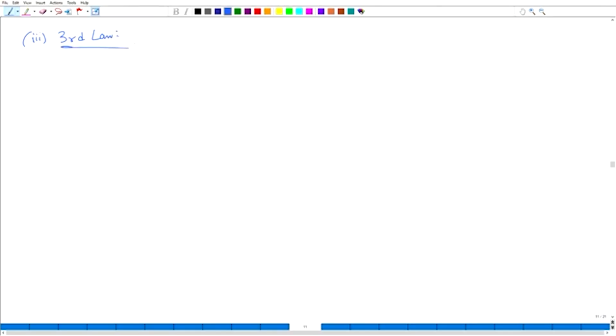Third law of Kepler. It simply says that, since we have used this already, dA dt is equal to half r square theta dot, which is nothing but h by 2 or L by 2m, the same thing. I can write A, the modulus of the area vector, equal to L by 2m times t.